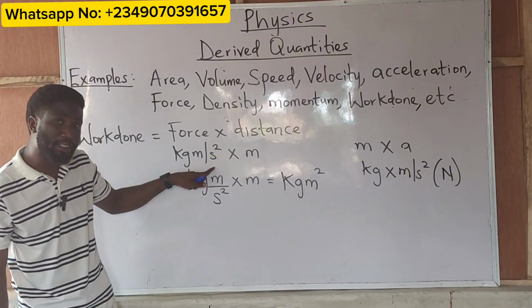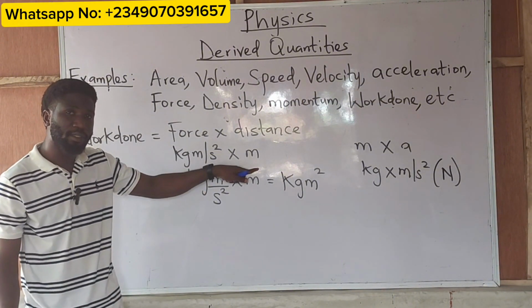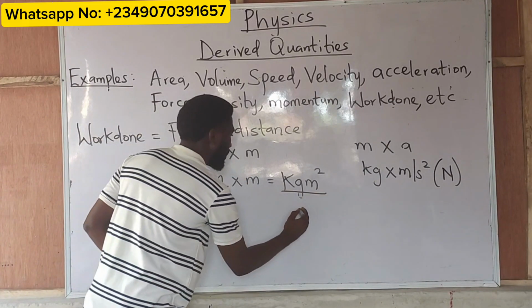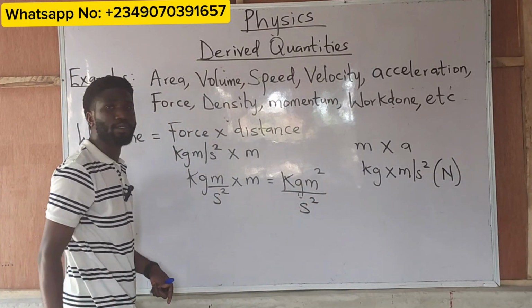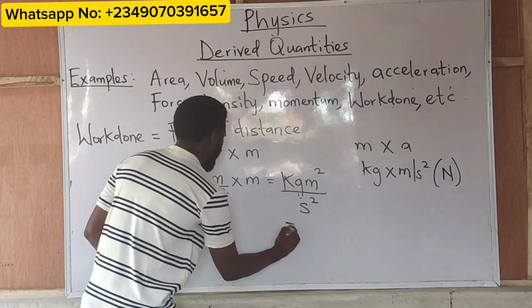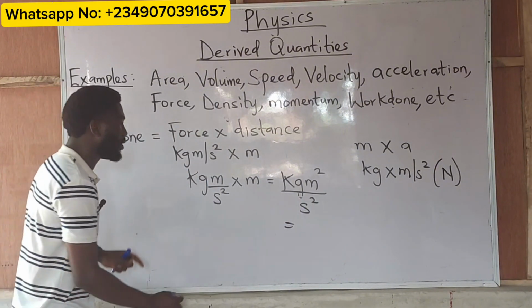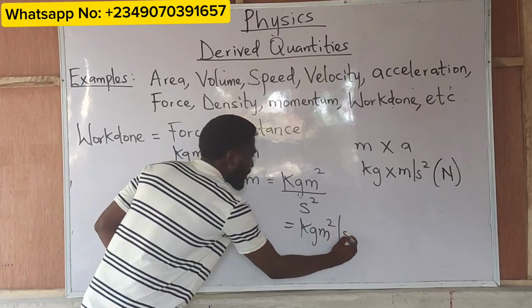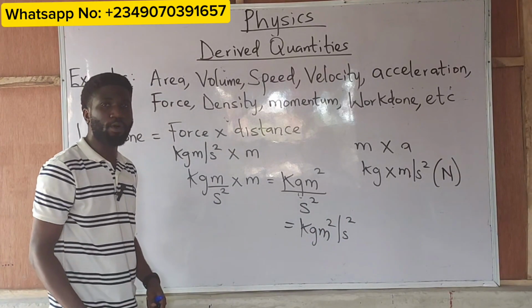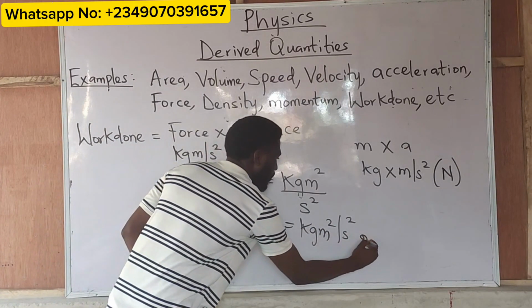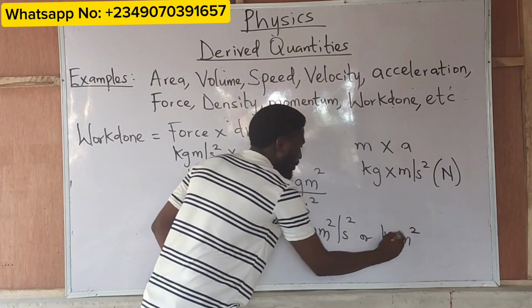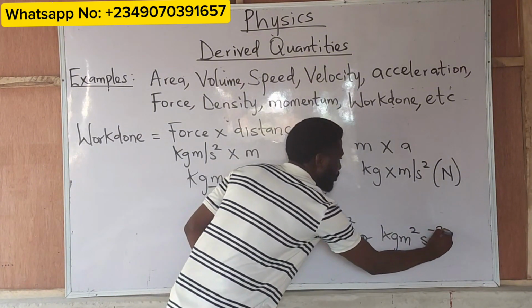Meter times meter will give us meter square, then over second square. So now we can say that the unit of work done is going to give us kilogram meter square per second square.